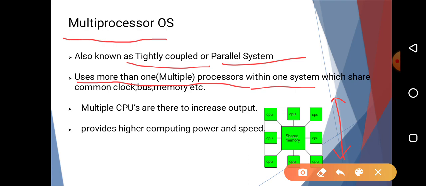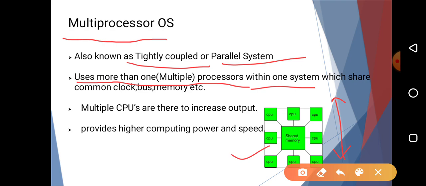Therefore, it is called a parallel system or tightly coupled system. As seen in this figure, there are multiple CPUs connected over here. They are going to share only one memory. Therefore, the multiple processors within one system share the common clock, bus, memory, etc.